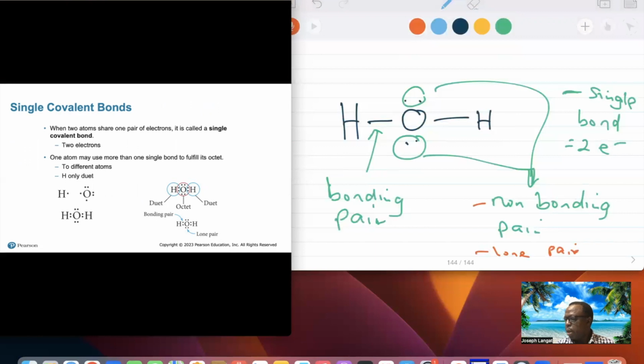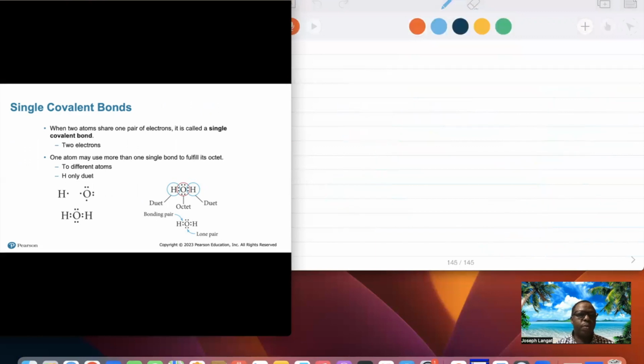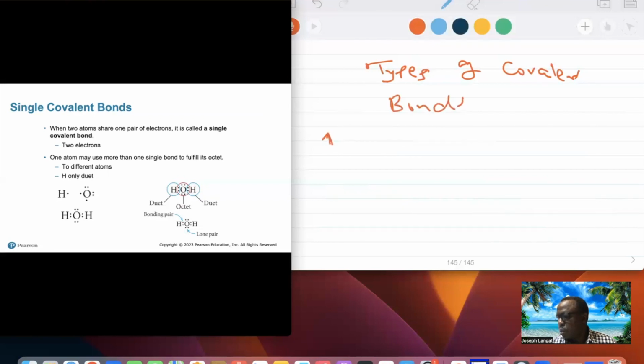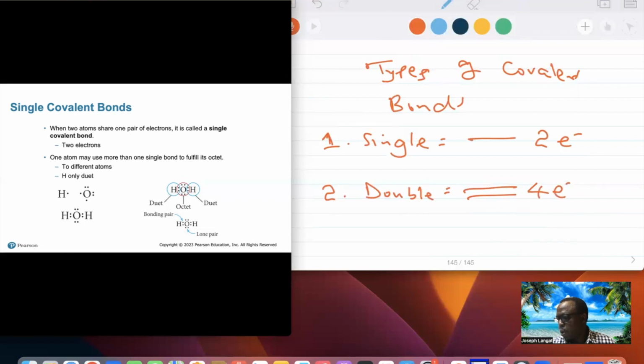Now let's shift gears to types of covalent bonds. There is a single bond, which is represented by one line with 2 electrons. There is the double bond, which is represented by 2 lines, and we have 4 electrons.